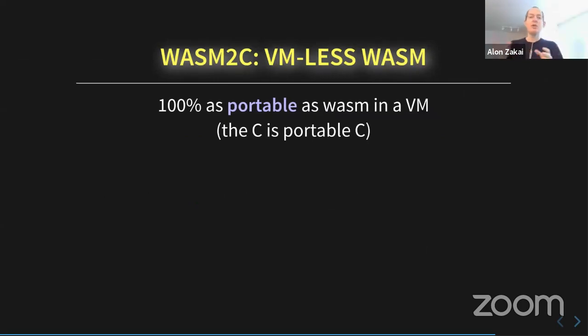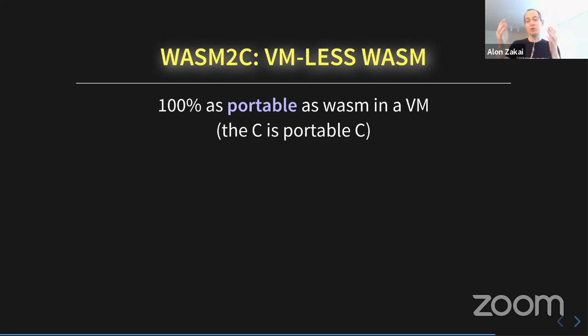Okay, so I might describe Wasm-to-C as sort of VM-less Wasm, Wasm without a VM. But it's still Wasm in the sense that it's 100% as portable as Wasm in a VM would be. So it's easy to write C code that's not portable. You just use the long type or some other type that will change depending on the compiler and the system.